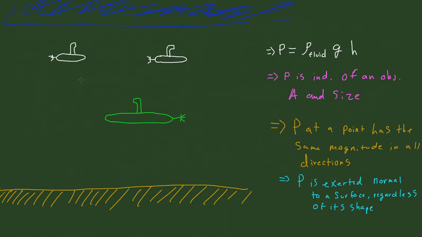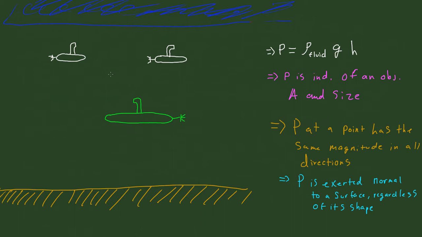In this case, we have three different submarines, and the hydrostatic pressure is going to be the water, which is exerting a pressure on the walls of the submarine. There are a couple of different points about hydrostatic pressure that are important to point out.